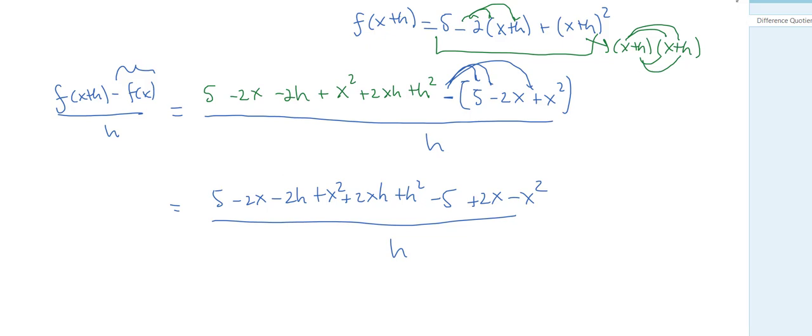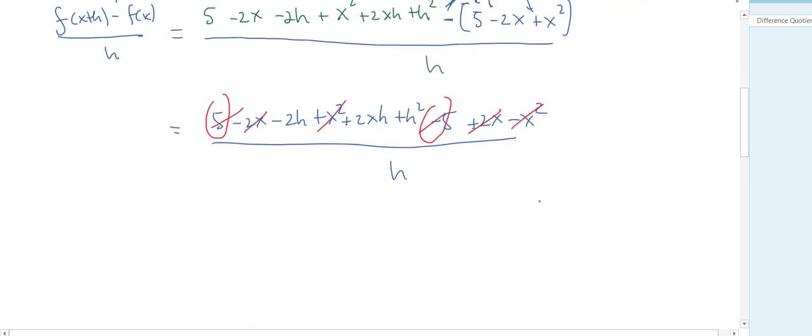Collect like terms. I have 5 and negative 5, which cancel out. Notice that my like terms actually have opposite signs. So minus 2x plus 2x cancel out, and positive x squared minus x squared go away also. So we're left with minus 2h plus 2xh plus h squared, the whole thing divided by h.